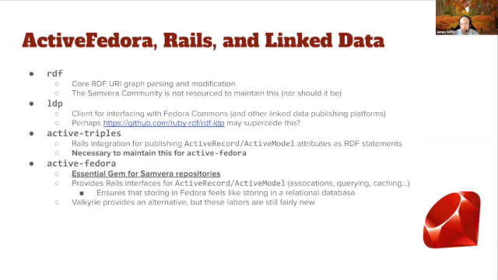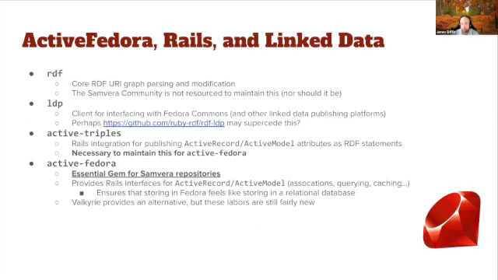So here, just to provide a bit more detail, basically RDF can be used to work with in-memory graph parsing of URIs and modification of these knowledge graphs within the Ruby language. I am not in any way advocating for resourcing the community to maintain this gem.